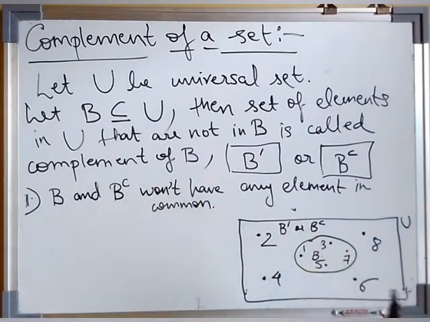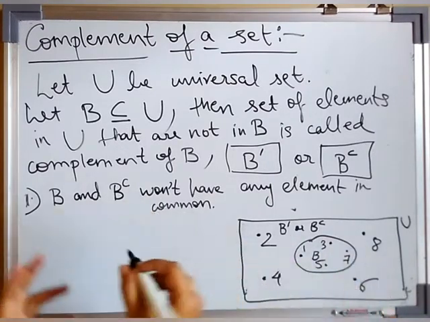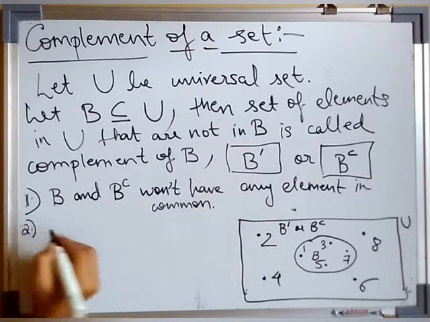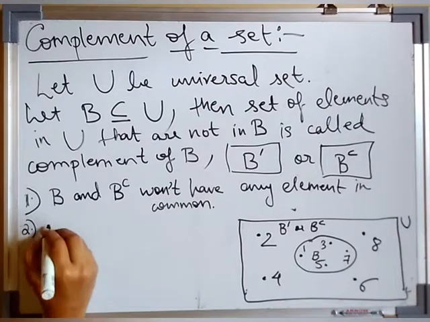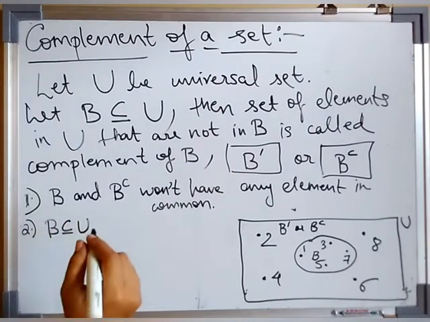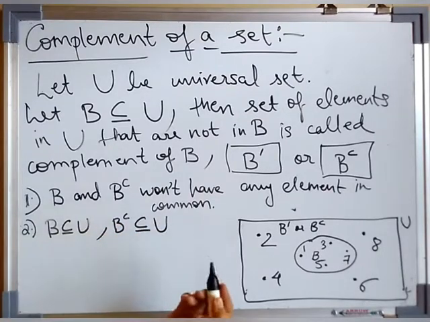It's simple logic, right? Because I am choosing only those elements which are not in B, there should not be any common element between B and B complement. The second property is that B is a subset of U, and in the same way B complement is also a subset of U.